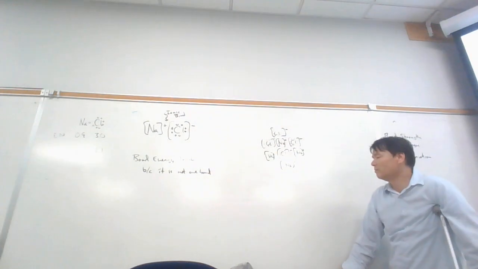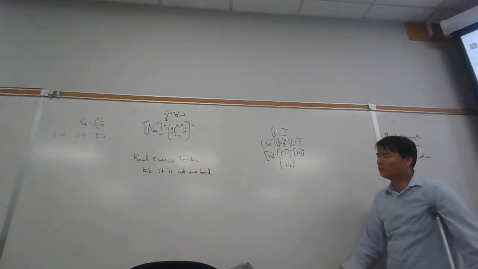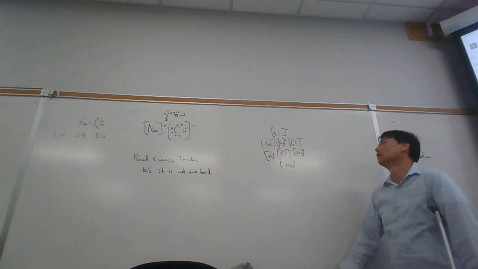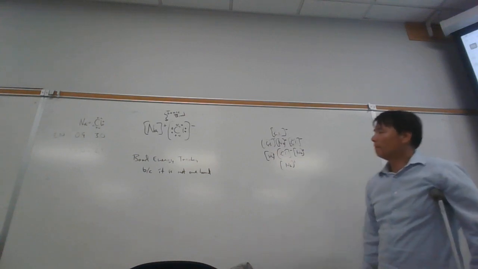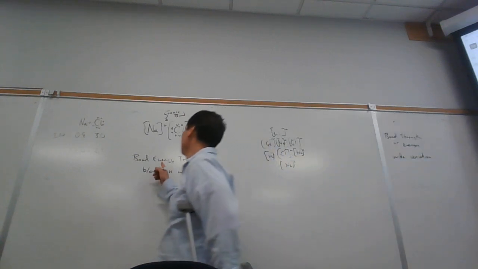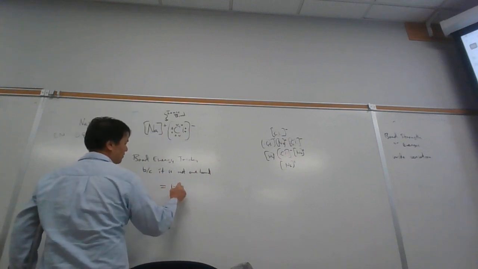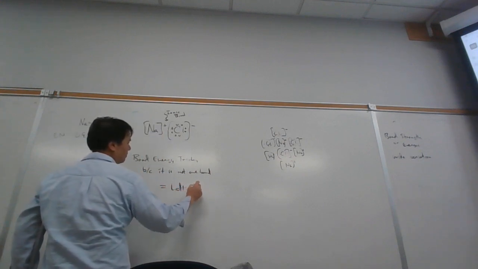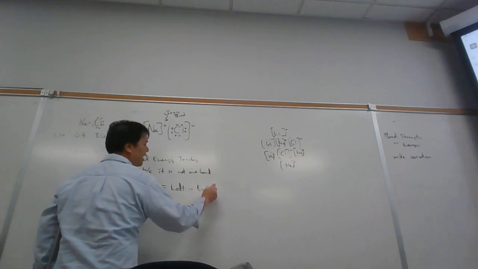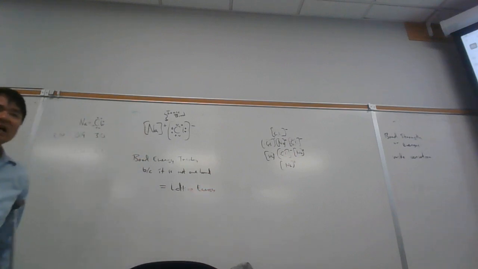The effect of those drops off according to Coulomb's law with the square of the distance, and so it drops off rapidly. But nonetheless, we shouldn't call it bond energy. We call it lattice energy, because we don't have just one bond, we have a lattice of bonds.